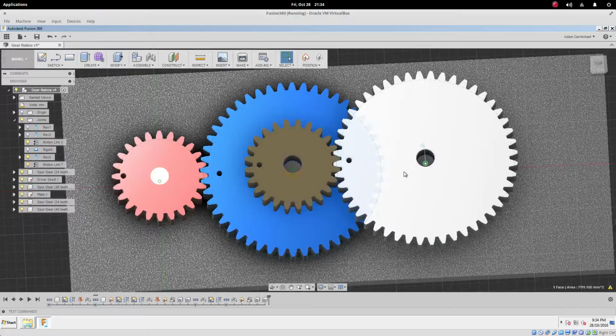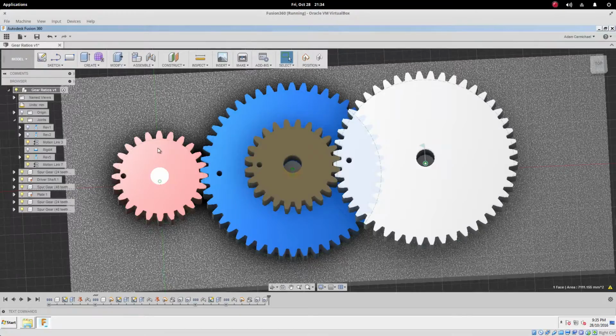And the answer is actually 4-to-1, and the reason for that is because this gold one is turning the silver one around at half the speed, but because this brass one, the golden one, is already turning at half the speed of the red one, what's half of a half? It's a quarter. So there's our 4-to-1 right there.